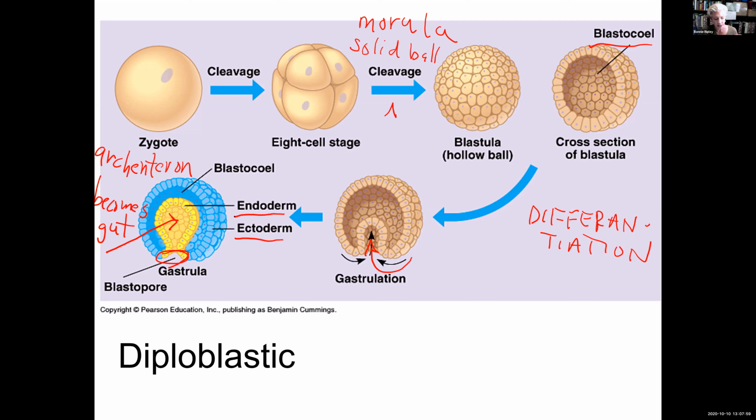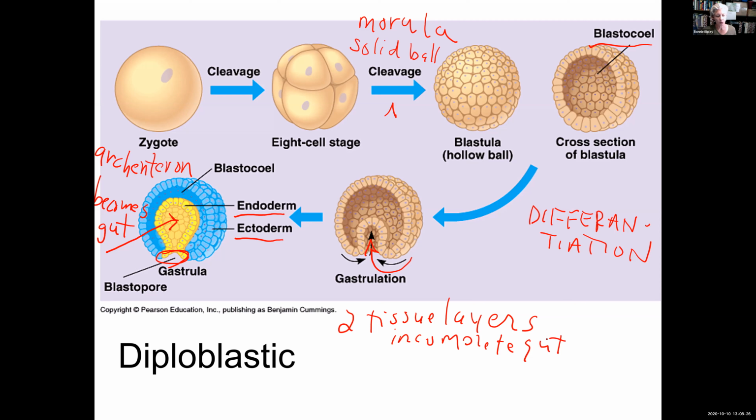Right. Now, if development stops here, like it does for cnidaria, we're going to have what's called a diploblastic organism, because it only has these 2 tissue layers. And it doesn't develop that third one, it stops here. Now, if gastrulation stops here as well, we're going to end up with an organism with an incomplete gut.